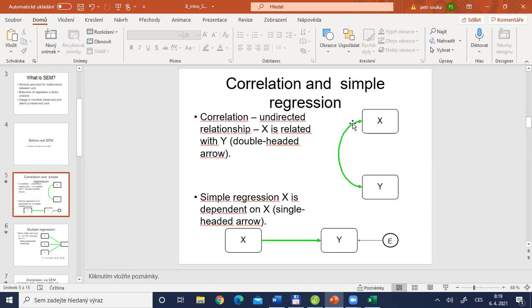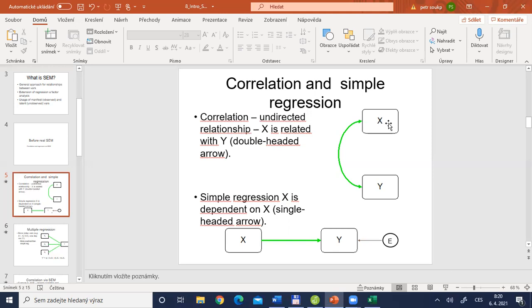So I would expect that the software would compute for me the correlation, or more generally the covariance, for these two variables. I would only add one more piece of information, and we will go back to this picture repeatedly: in structural equation modeling, there is one more computation, let's call it behind the scenes.